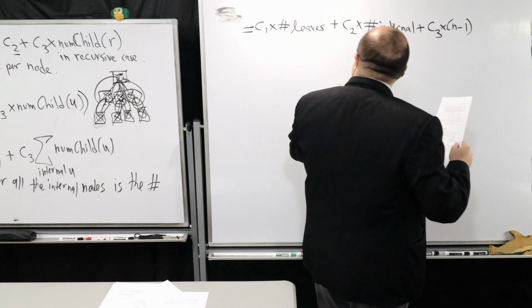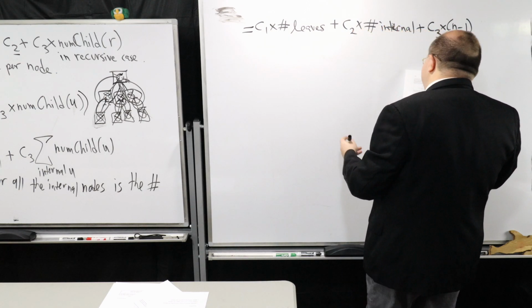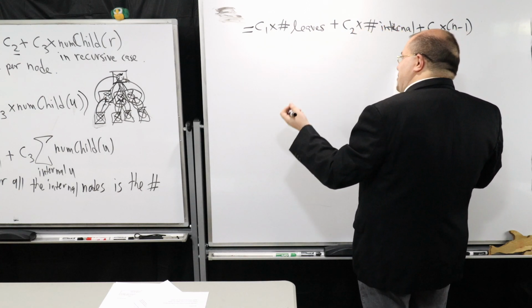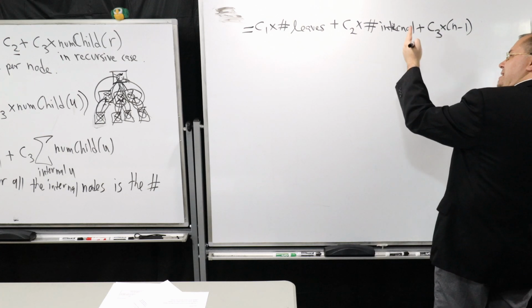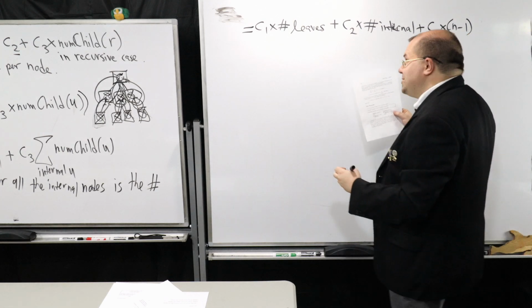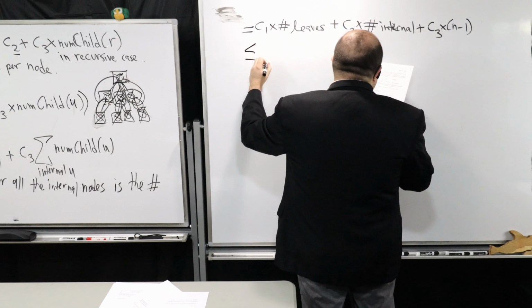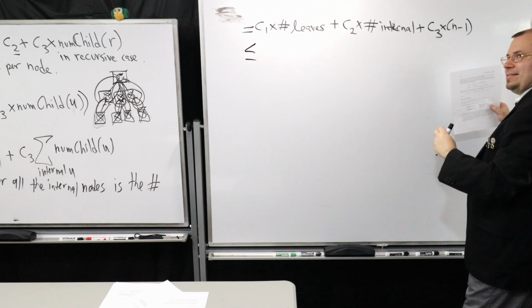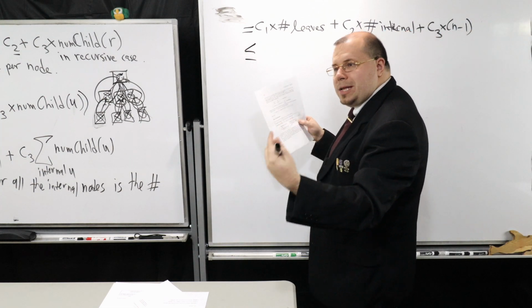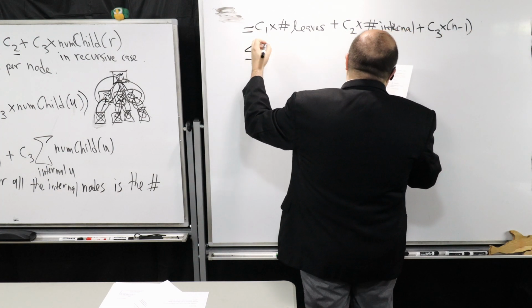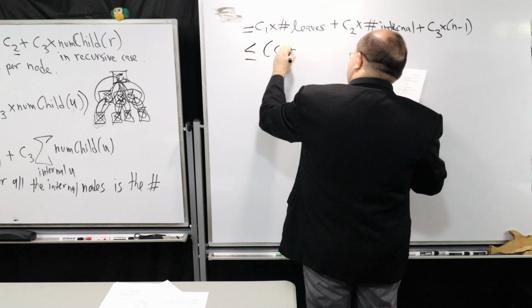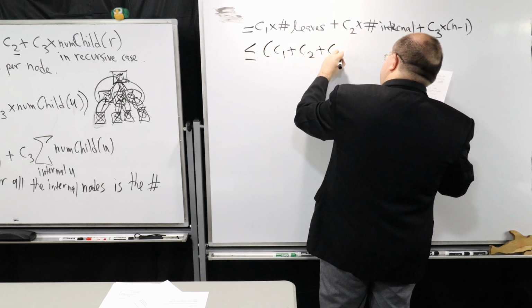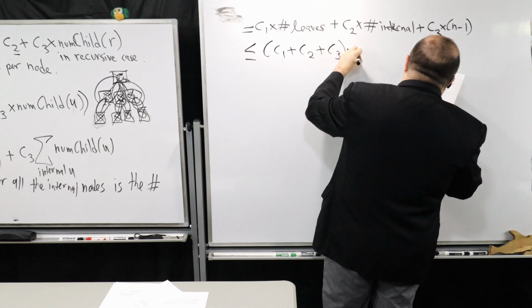The number of leaves most certainly cannot exceed the number of nodes in the entire tree. You can say the exact same thing about the number of internal nodes. So I can replace each one of these with n, because those are all smaller than or equal to it. So I'm going to rewrite this as at most C1 plus C2 plus C3 times n.